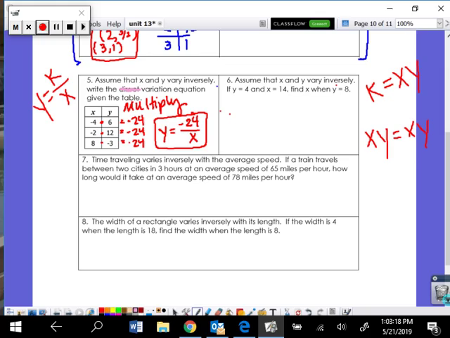So we're going to say 4 times 14 equals 8 times x. X times y equals y times x. That'll be 56 equals 8x. X equals 7. So notice, these are not proportions. We're setting up multiplication. We're not cross-multiplying. We're just saying x times y equals x times y.